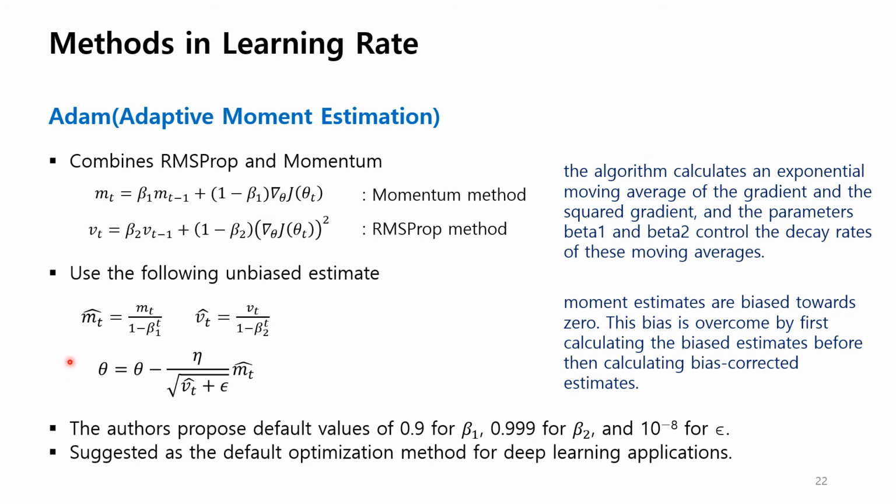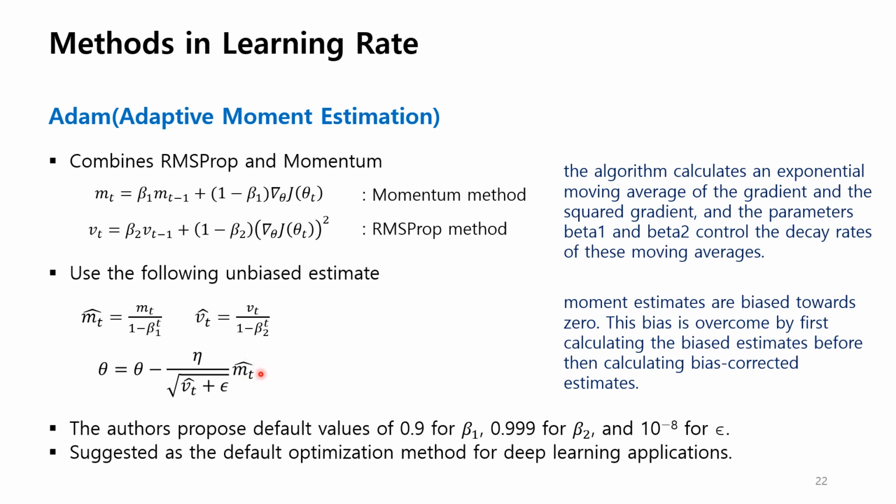If you look at this formula, this is the formula for ADAM. This one, V_t hat, is actually this one, and this is exactly the formula used in RMSProp. It's the exponential moving average between the previous V and the square of gradient. That's RMSProp. So this one goes to here, and the learning rate is here.